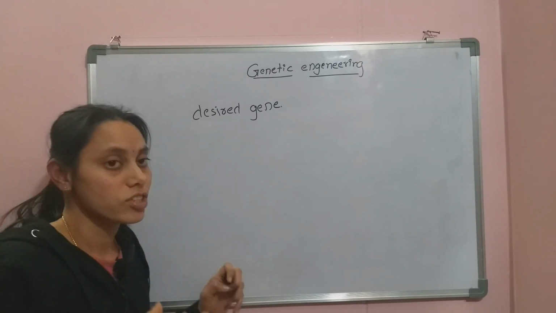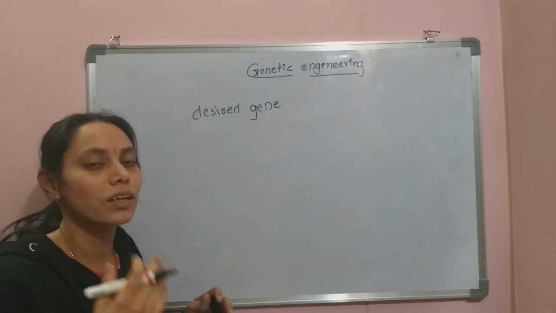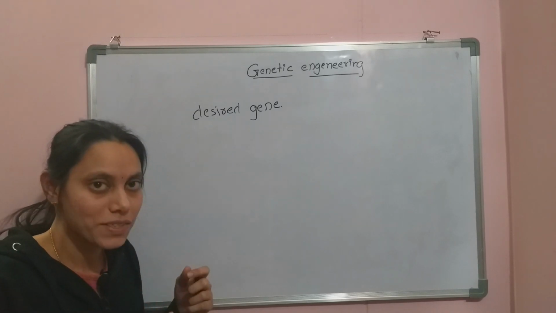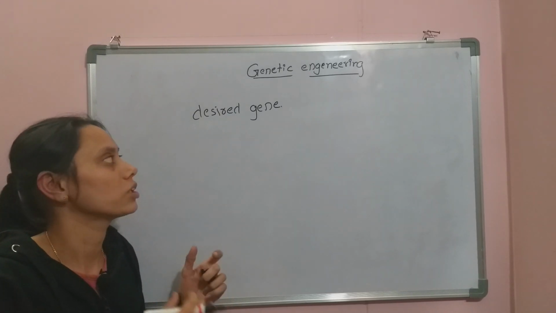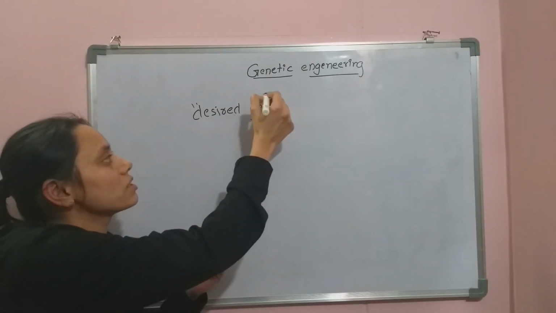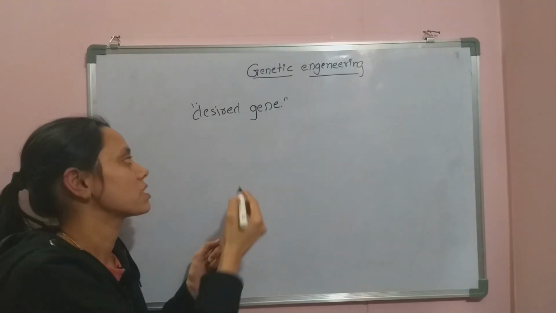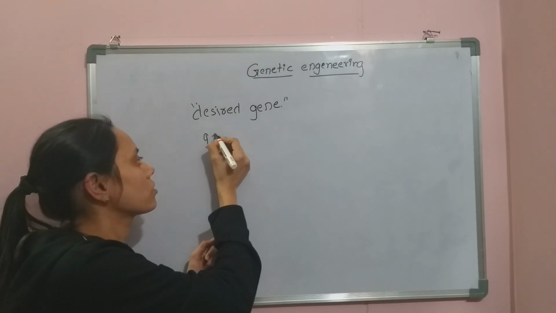This desired gene is responsible for expressing a beneficial character, which is what we want to express in our experimental organism. First we need to identify this desired gene, which is also known as the gene of our interest.